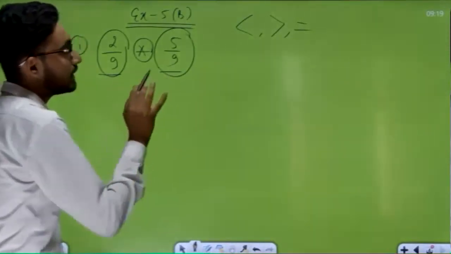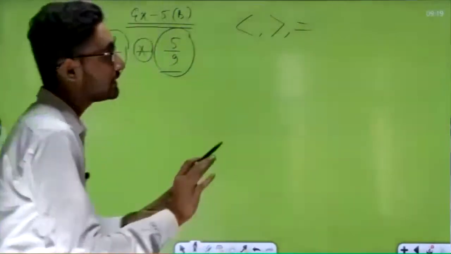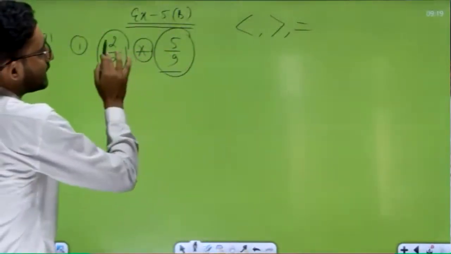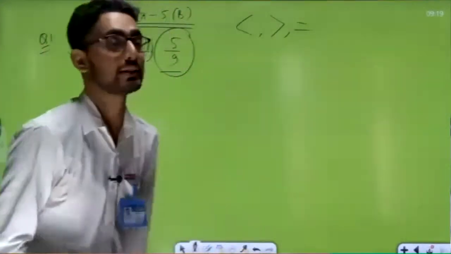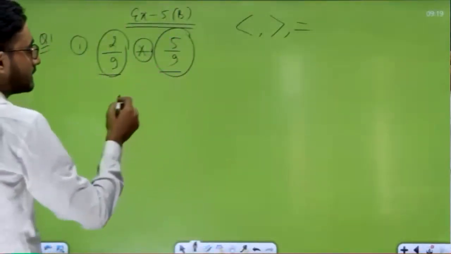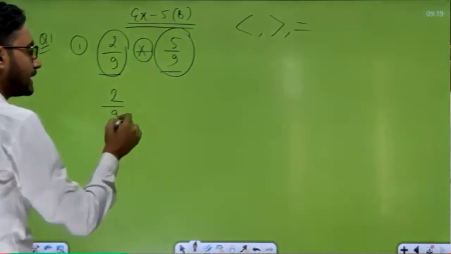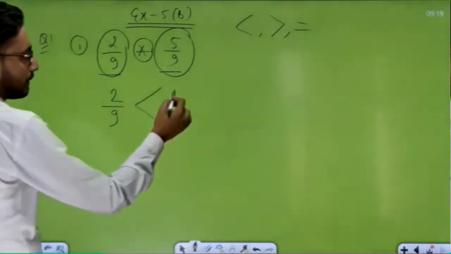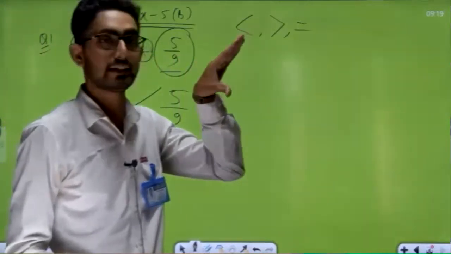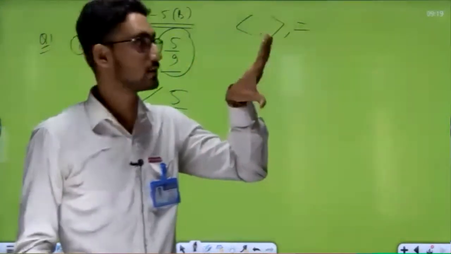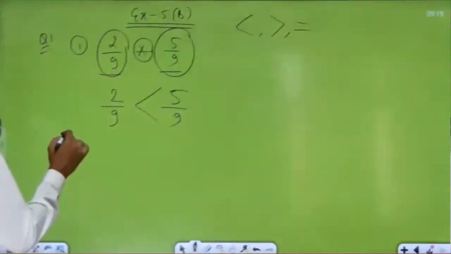When both denominators are the same, then we check the numerator. Which numerator is greater, 5 or 2? Obviously 5 is greater. That means 2 upon 9 is smaller than 5 upon 9. Right? The sign opens towards the bigger number, 5 upon 9. Okay, now we'll move to the next question.